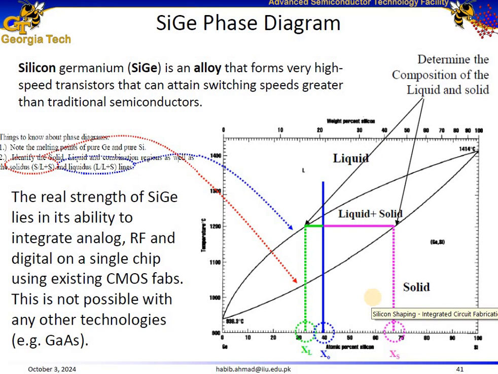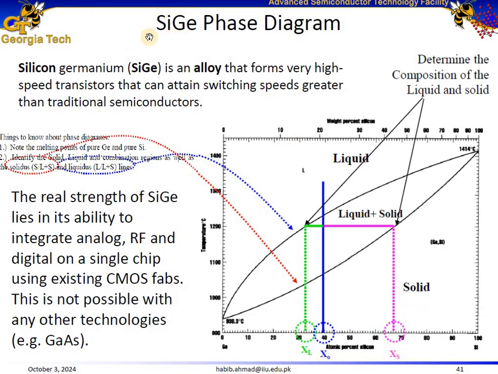Here I demonstrate a phase diagram of silicon-germanium, an alloy used in high-speed transistors with applications in integrating analog, RF, and digital circuits onto a single chip using existing CMOS technology. So first let's talk about what is silicon-germanium.